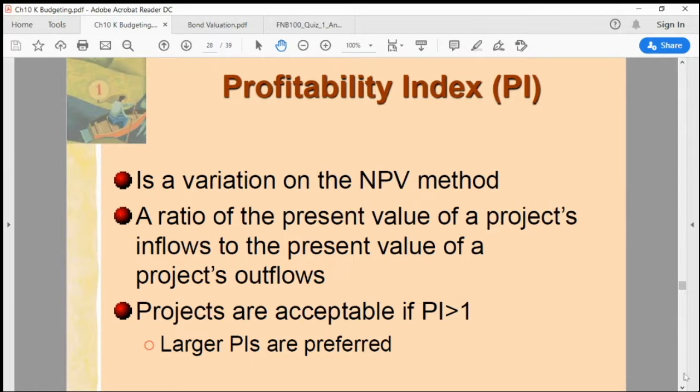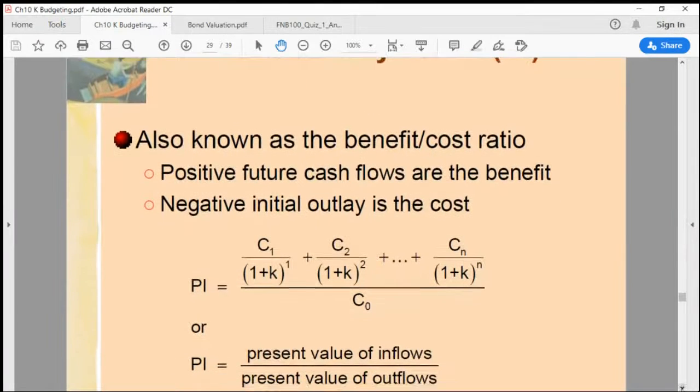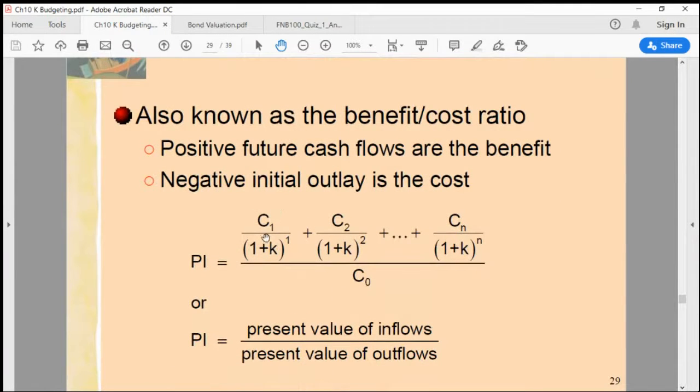You understand? So you divide all the, in other words, so these are all cash inflows, right? Present value of all cash inflows. You divide all those present values by cash outflow. And cash outflow is already in present value because that was at time 0.